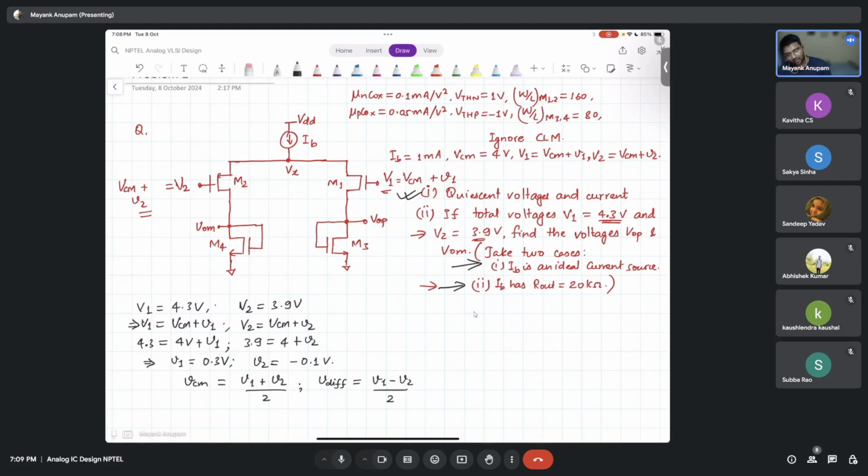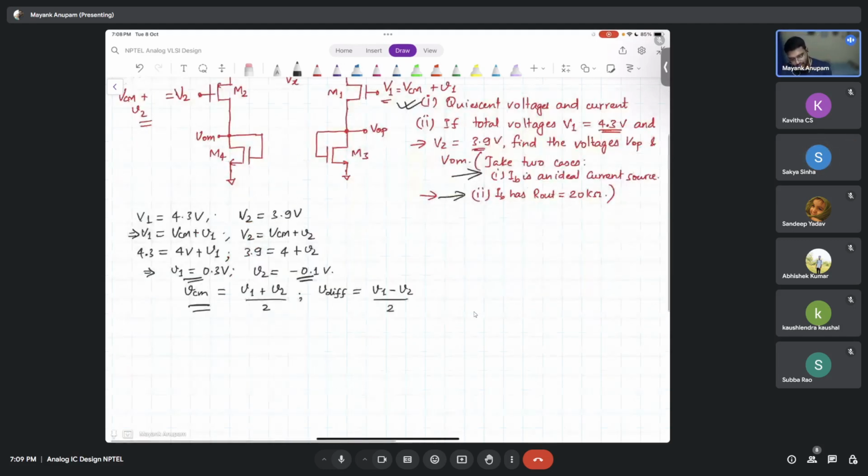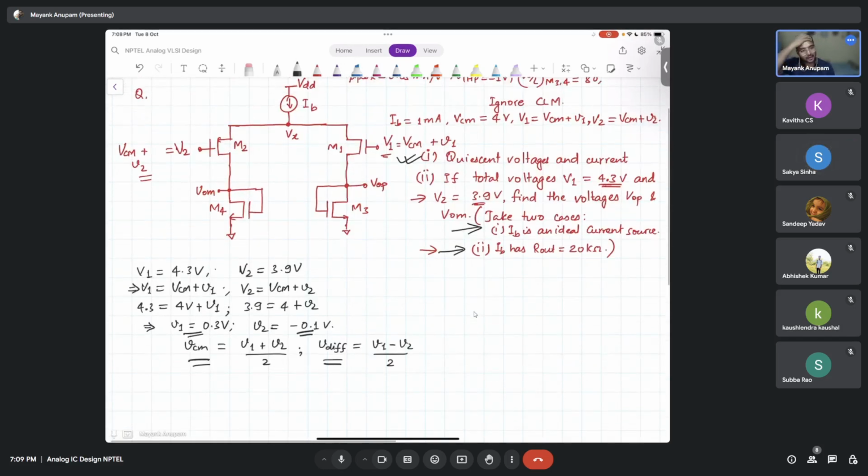You can also try to do it in this manner: v1 and v2 separately. That's just your choice. It just turns out that if you split it into common and differential, the overall analysis becomes slightly easier and very easy for you to comprehend. Otherwise you might end up making mistakes in the analysis.